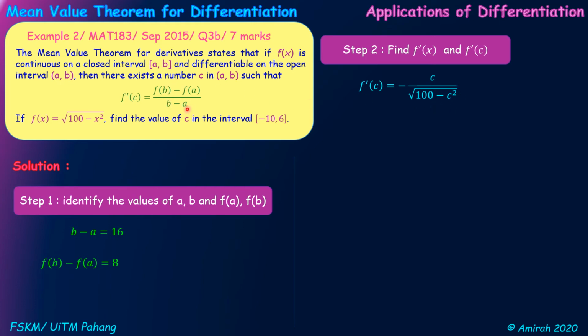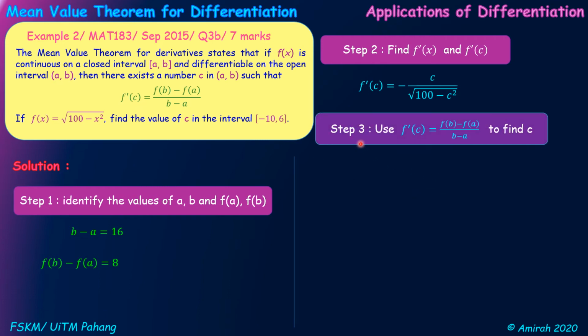So we have found b minus a, fb minus fa, and f prime c. Then we can continue with step 3. Use this formula: f prime c equals fb minus fa over b minus a to find the value of c.